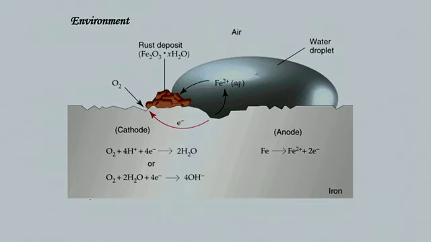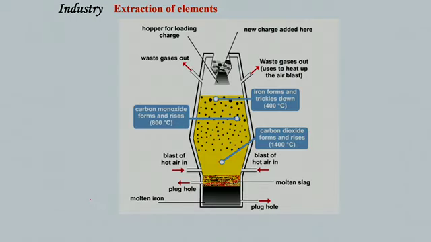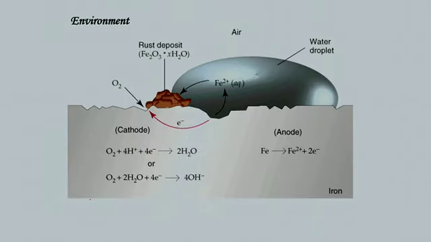So, metal extraction is nothing but the application of the redox principle. And in the environment, rust is nothing but the oxidation of iron, basically the +3 oxidation state iron oxide.